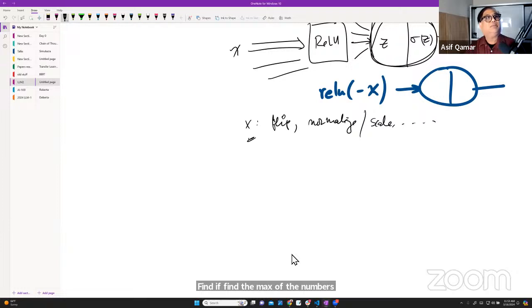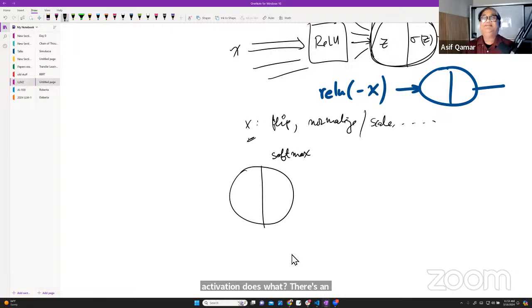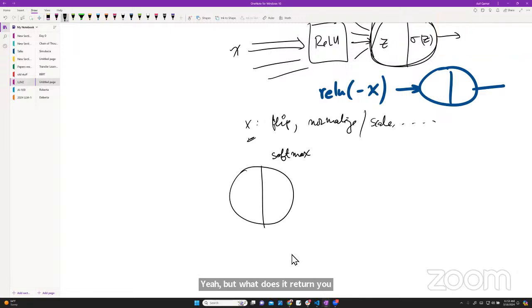It turns out that to find the max of the numbers, you don't need anything. Tell me, what does the softmax do? Softmax activation does an exponential and gets a high value. Yeah, but what does it return to you? A probability distribution.